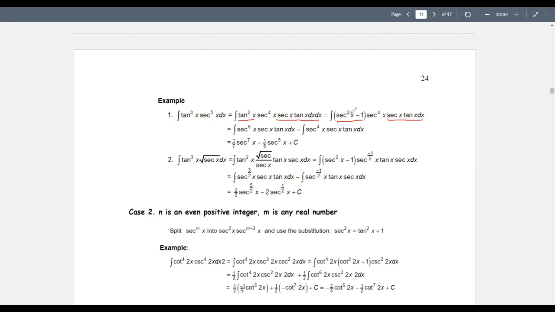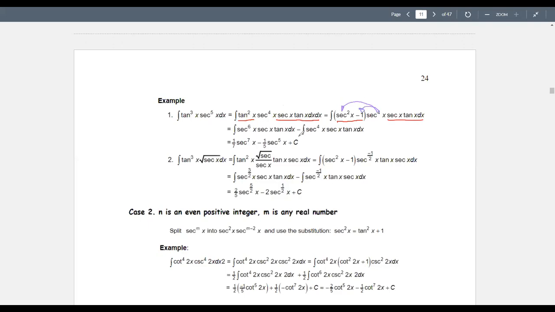Now, next step is this thing that you did not touch at all. You did not convert using an identity. You will distribute here as a multiplier. So this secant to the fourth will be distributed to the secant squared x and to this one here.